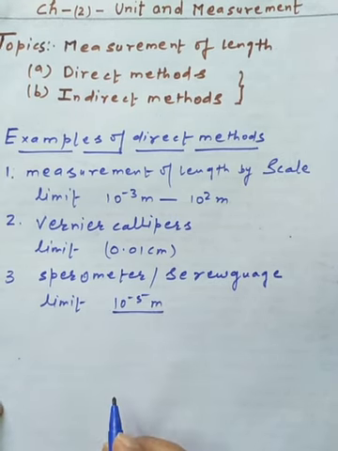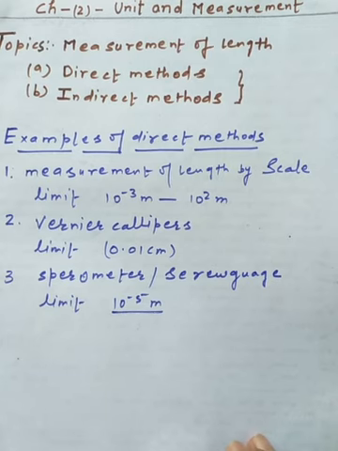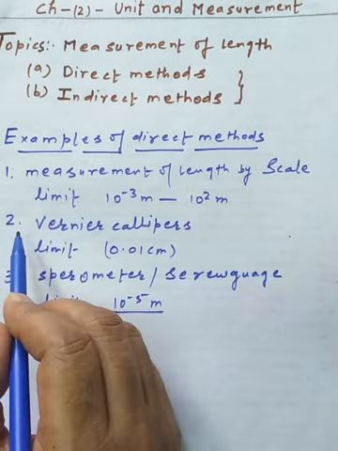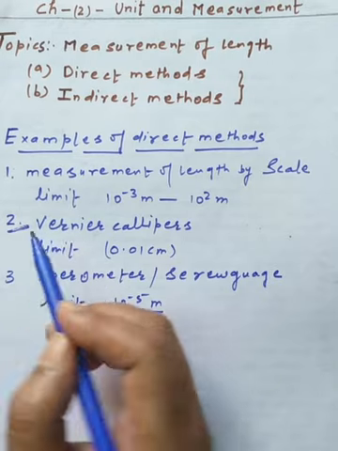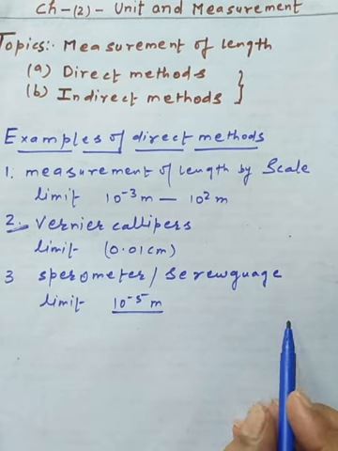So easily you can convert it into centimeter. So these are some of the direct methods, applicable at the class 11th level. Whenever we move towards the lab, we will use the vernier calipers, and the spherometer along with the screw gauge. So these are the two other devices.